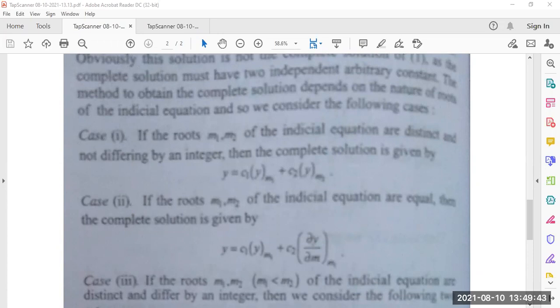Kanhaiya Mishra, is it understood by you? No, sir, because I missed a lot of previous classes.